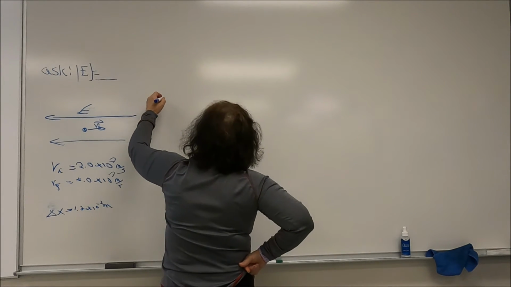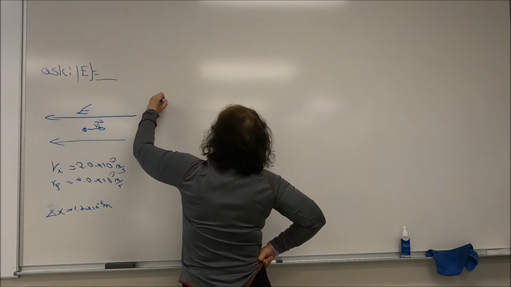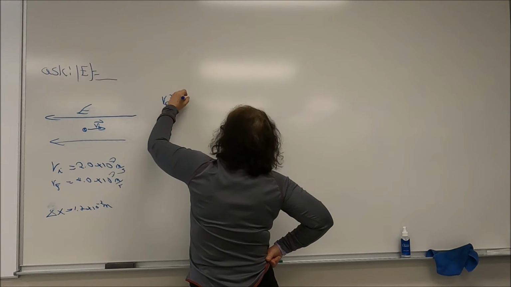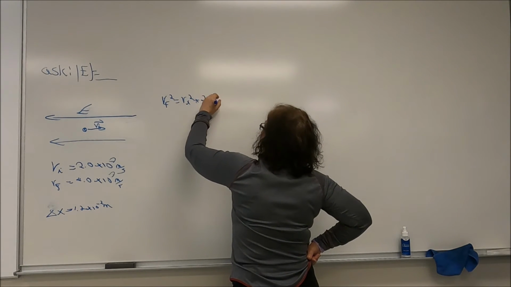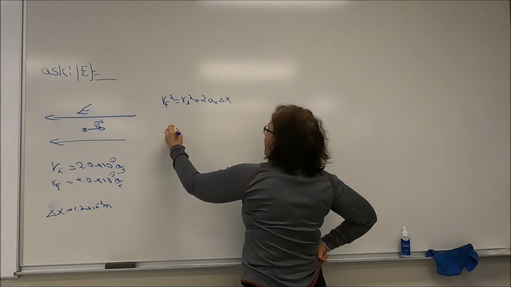Now, remembering back, V final squared equals V initial squared plus 2 a_x delta x.